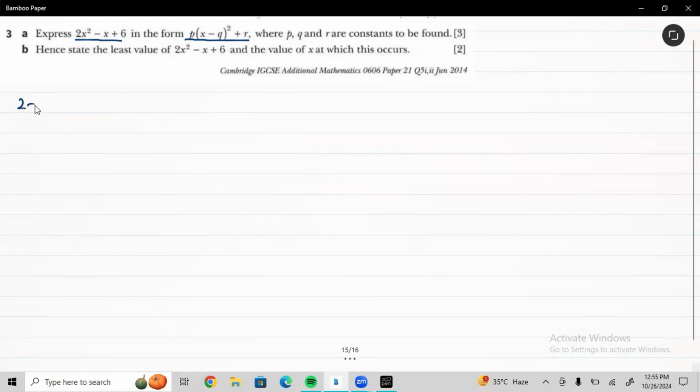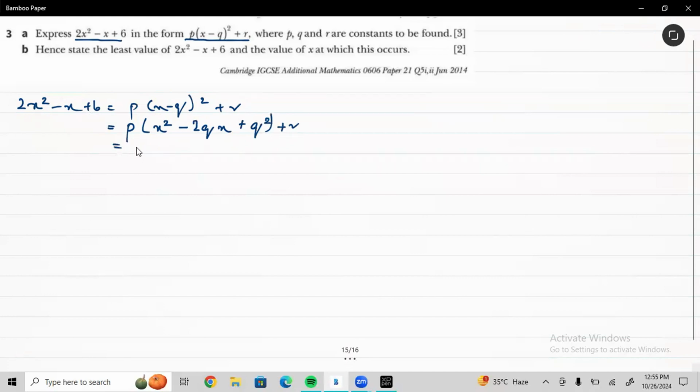So for that, what I'm going to do first is write 2x squared minus x plus 6 equals p multiplied by x minus q whole squared plus r. And what I'm going to do is open this factorized equation. So p as the common factor, and x minus q whole squared is going to be opened. a squared is going to be x squared, minus 2ab is going to be -2qx, plus b squared, which is going to be q squared, plus r.